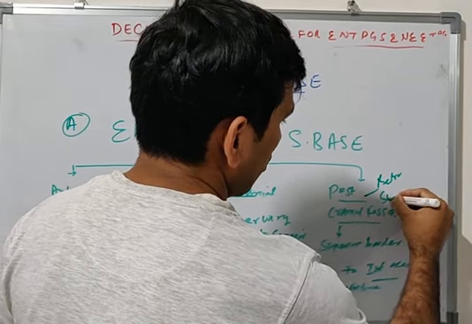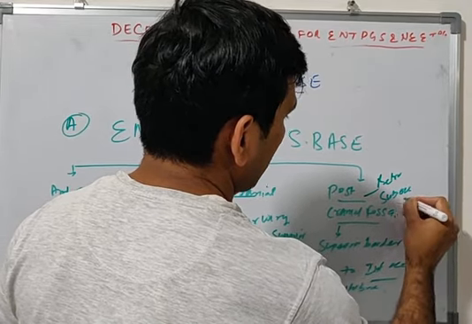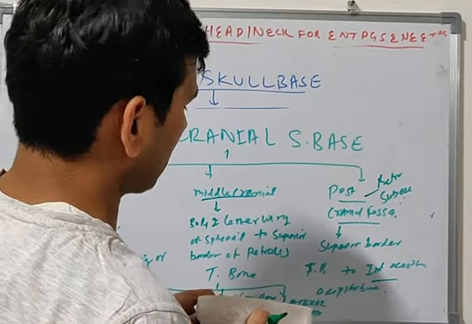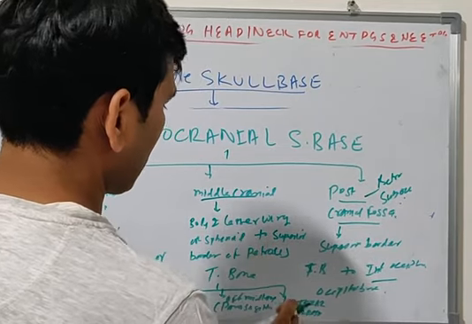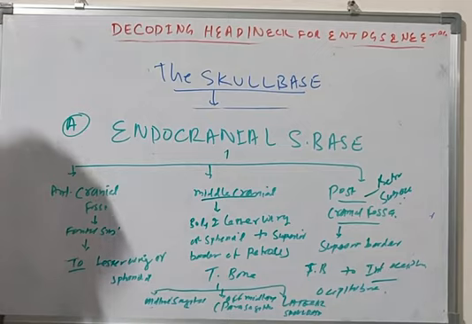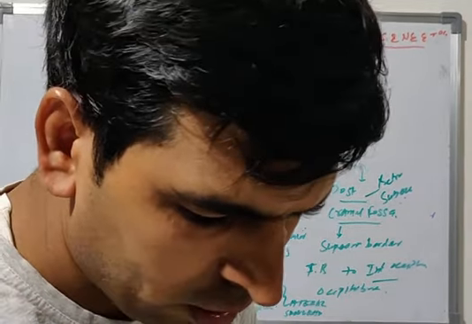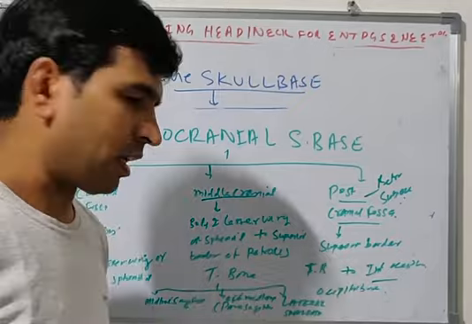Retrosigmoid and suboccipital approaches are included in the posterior fossa. But the infratemporal fossa and middle temporal fossa are also considered in the lateral skull base approaches. Okay. Now we will talk about important structures of the anterior skull.